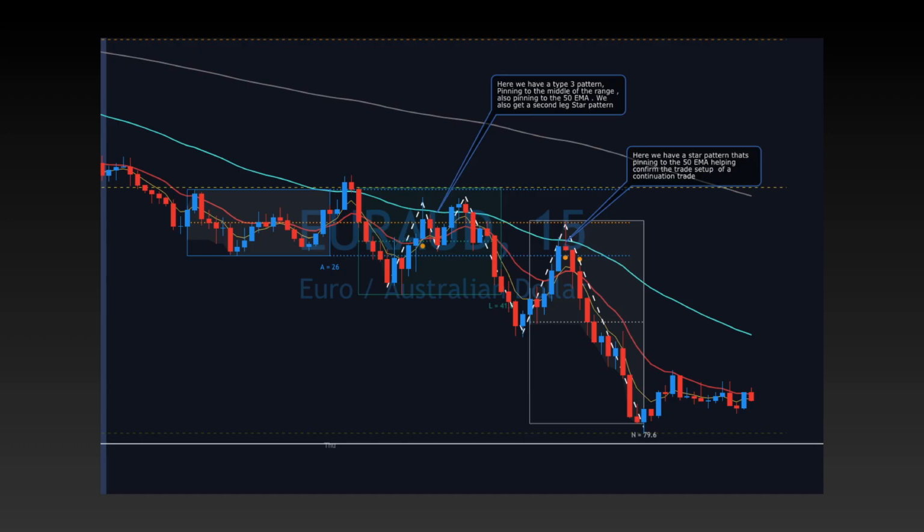You need either a railroad track, a star pattern, a quarter wood to appear for you to get in early. Well, you need to let the star pattern actually complete and give you the pattern first before you can get in. You can't get in at the wicks because at that point you're just literally guessing.